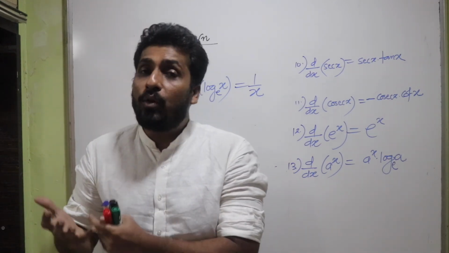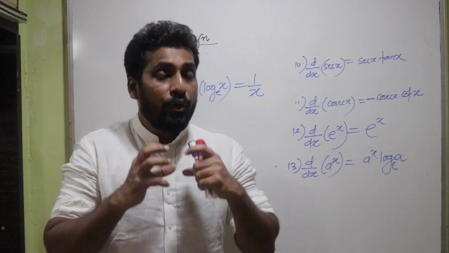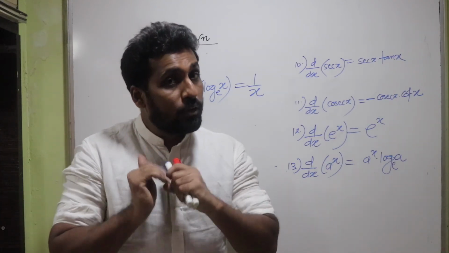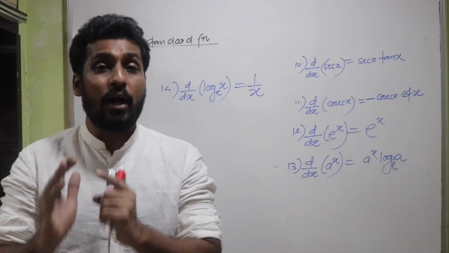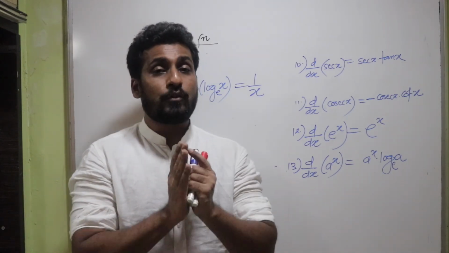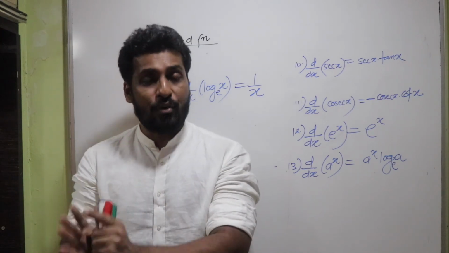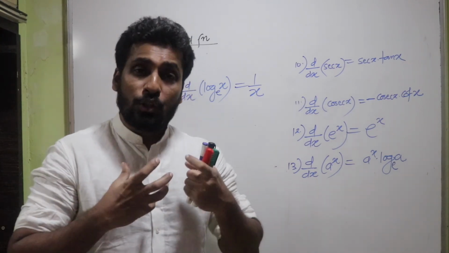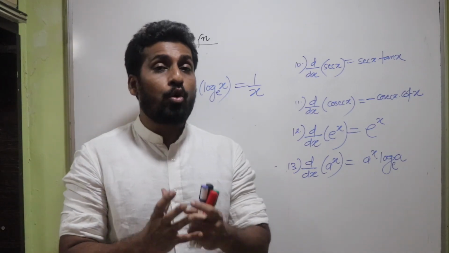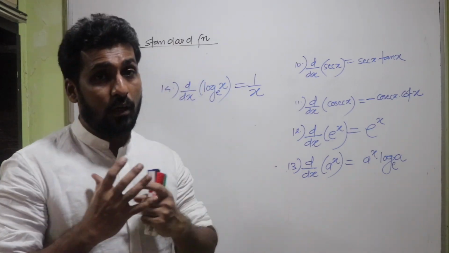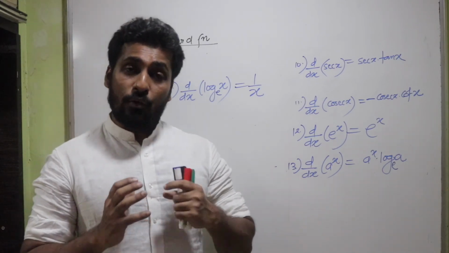There is a formula available, but we are not going to learn it in this session. We will conduct a different session to understand the derivatives of inverse trigonometric functions. At this moment, these many formulas are more than enough to begin the chapter. Now, this was our first session.